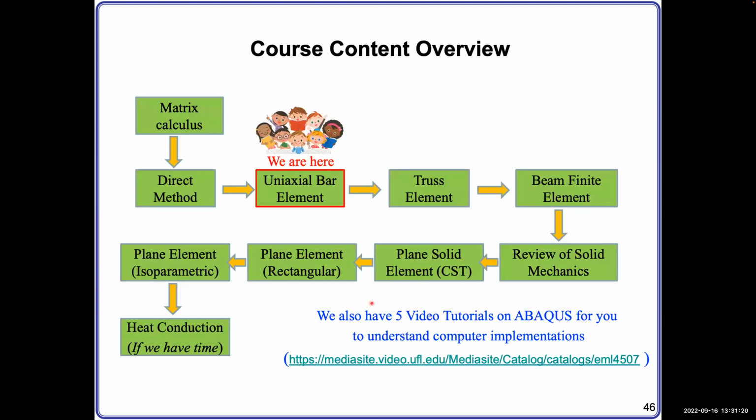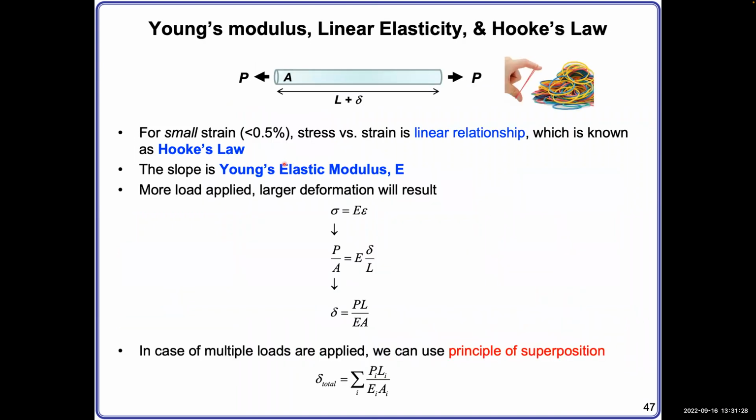Okay, so that's also a very important section in the class. Here now we step into this region. Okay, so what is a uniaxial bar? Can you guys hear me? Yeah, excellent. So what is a uniaxial bar? A uniaxial bar is different from another very important concept that we are going to talk about in the next section. That's called beam.